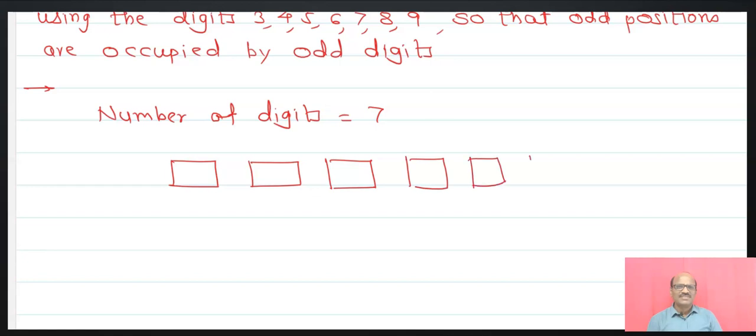Now the total number of digits is 7 and we have 7 boxes: odd, even, odd, even.